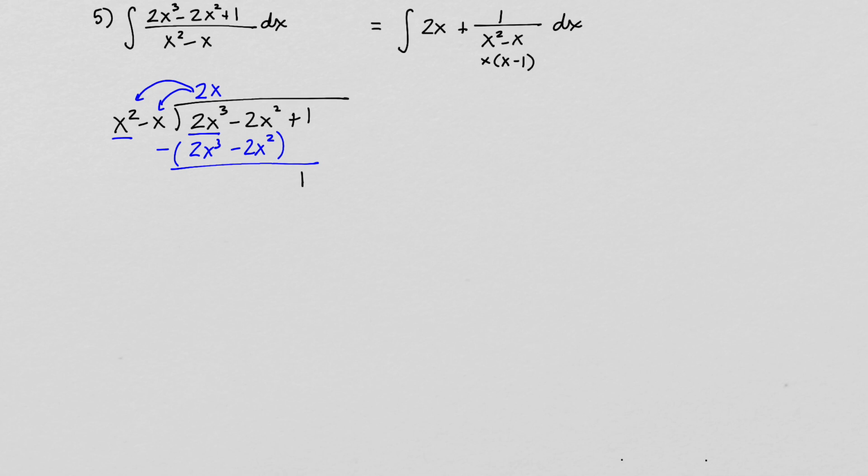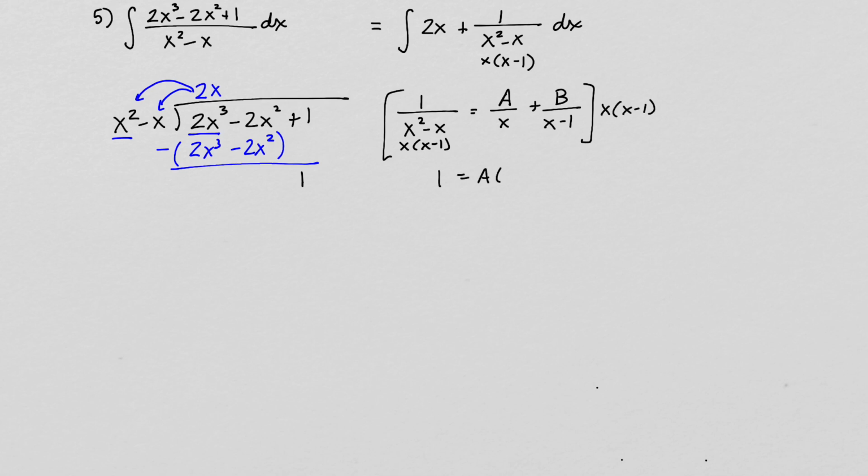So if we do the partial fractions strictly just on that part, 1 over x squared minus x is going to be equal to a over x plus b over x minus 1. Remember, x squared minus x is just x times x minus 1. If I multiply this whole entire equation by x times x minus 1, we end up with 1 is equal to a times x minus 1 plus bx.